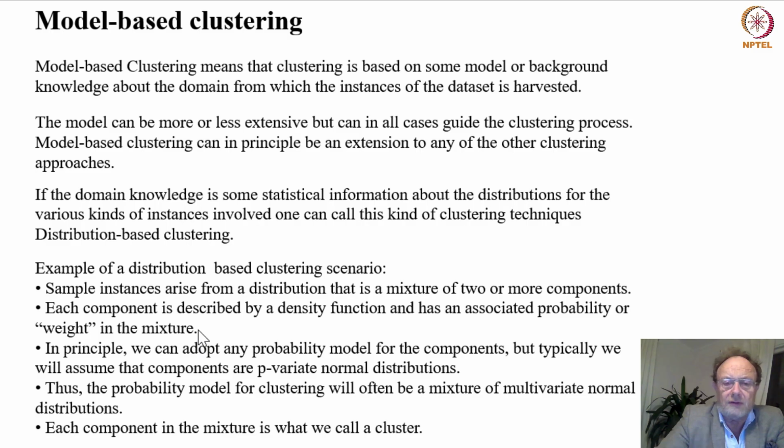The mixture is, of course, the whole heterogeneous dataset with these kinds of instances. In principle, we can adopt any probability model for the components, but typically we will assume that they are p-variate normal distributions. And of course, what we end up with here is that each component in the mixture becomes what we call a cluster.